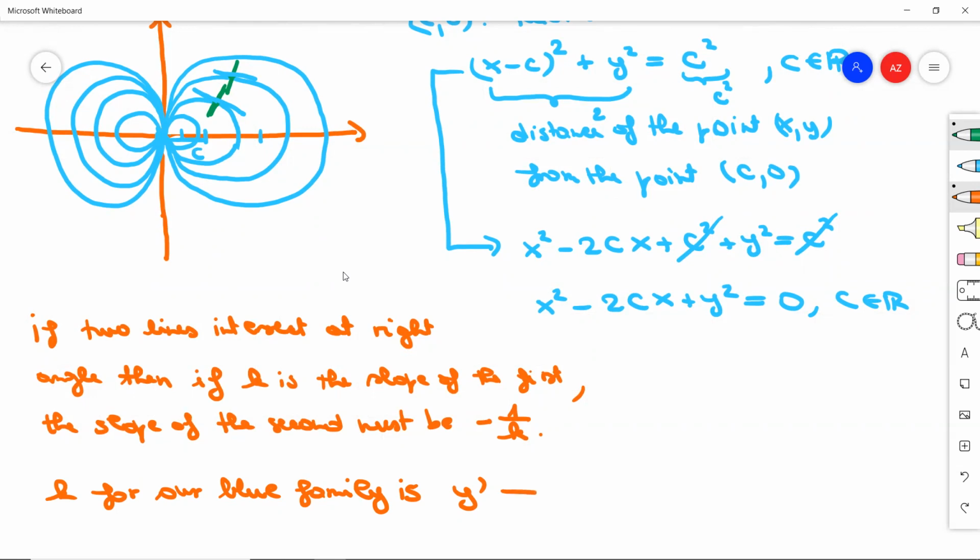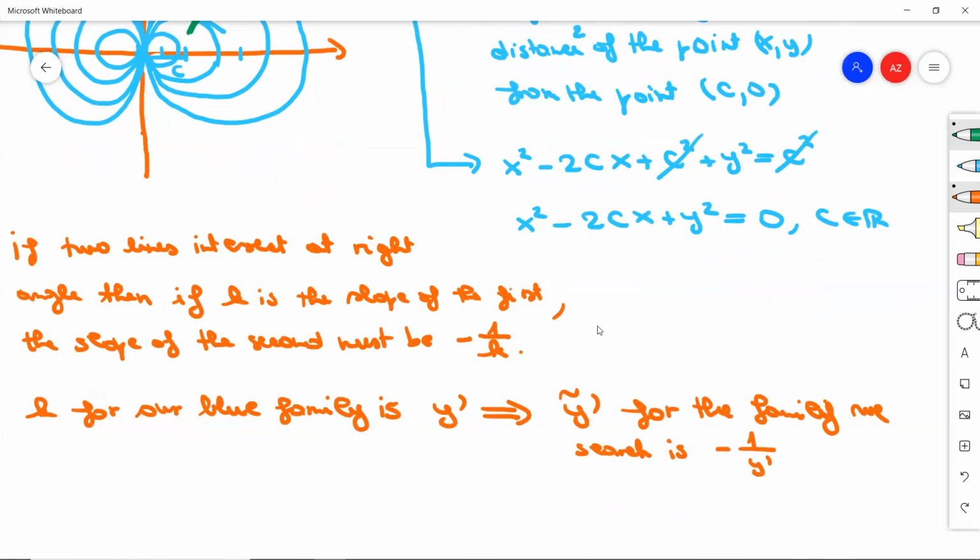That's why y tilde prime for the family we search is minus 1 over y prime.